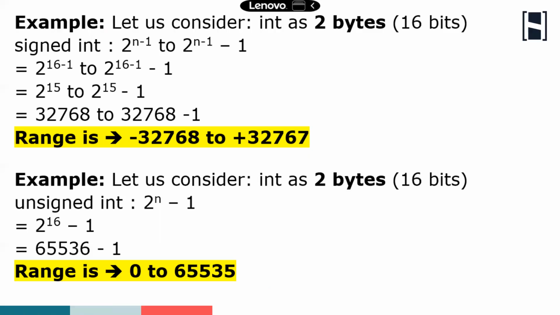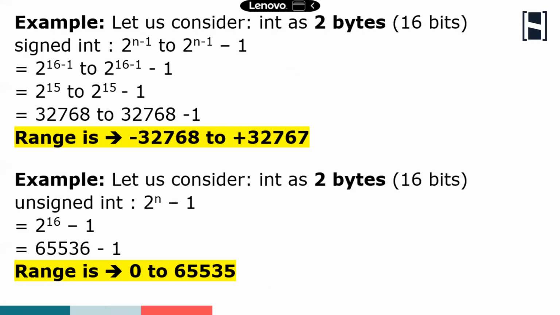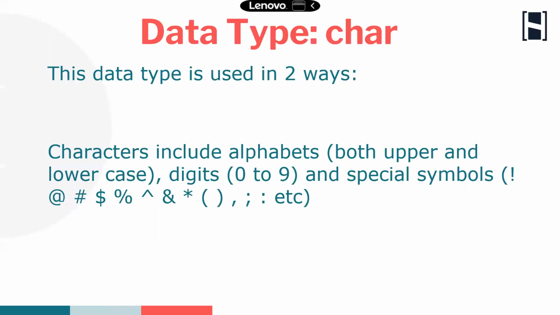The formula is going to be the same. For unsigned integer, this is the formula. For signed integer, this is the formula. So that is not going to change at all. You just have to calculate how many bytes are allocated. Based on that, the n value is going to differ for us. Right, so these are the important points you should know with regards to our int data type. Now the next one is, of course, we have the char.